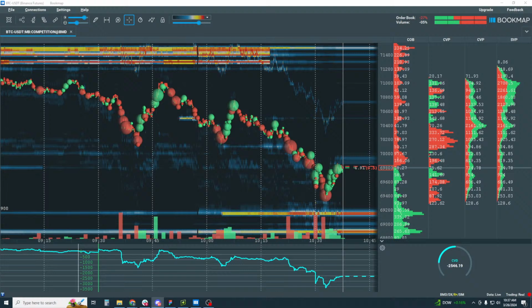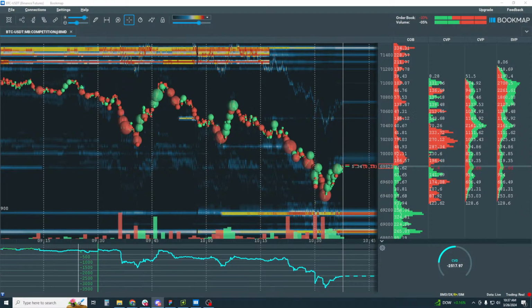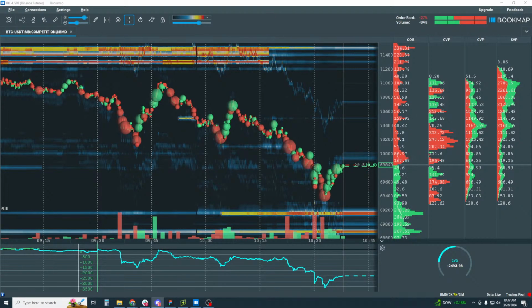There you go. Yeah, exactly, Stephen. This is one of the things that's so great about the competition, and it's especially perfect for the Bookmap Academy guys, because you've been learning so much from this. It's a great learning experience, a little distracting from your regular trading, true.